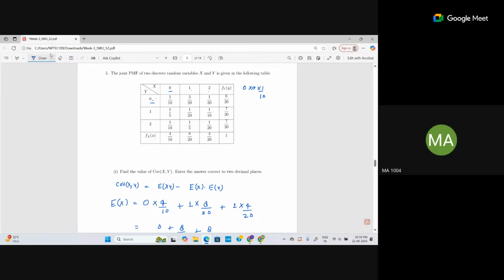Then coming to the next row, 1 into 0 will also become 0. 1 into 0 into 1 by 5 becomes 0. I'm not writing these values. Then 1 into 1 into 1 by 20, this is something we have to write.